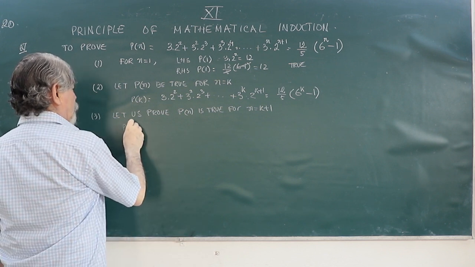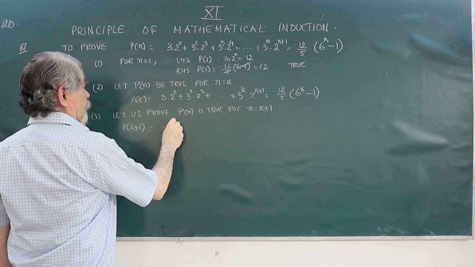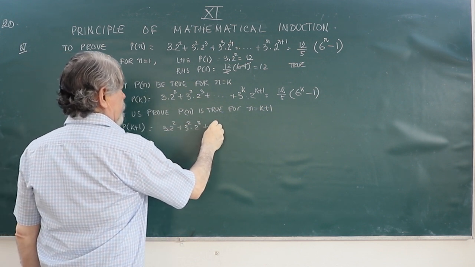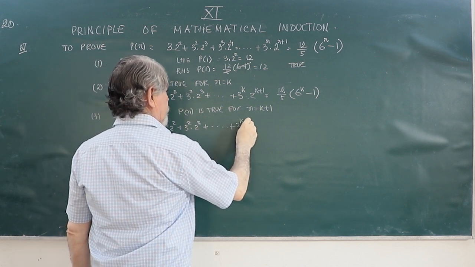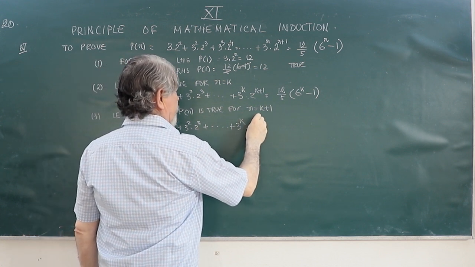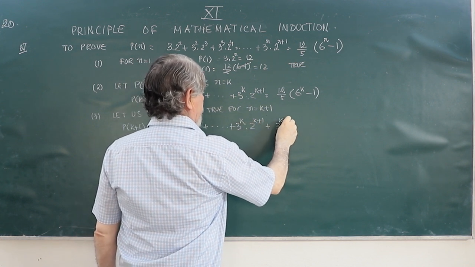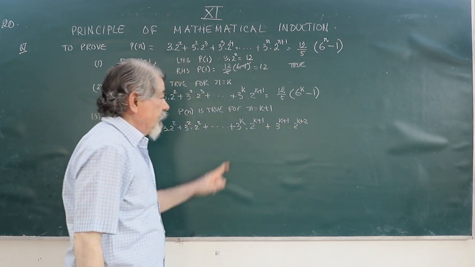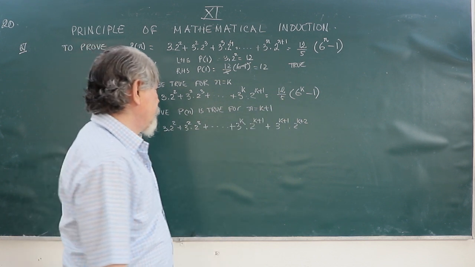So Pk plus 1 will be 3 into 2 square plus 3 square 2 cube plus so on plus 3 to the power k 2 to the power k plus 1 plus 3 to the power k plus 1 and 2 to the power k plus 2. We have written next. k is replaced by k plus 1, so k plus 1 will become k plus 2.